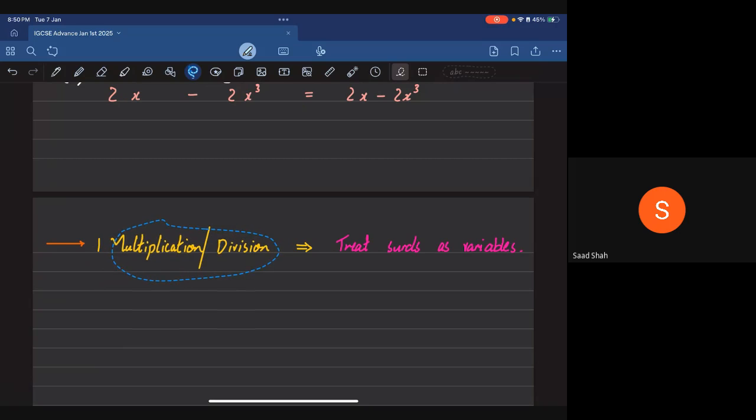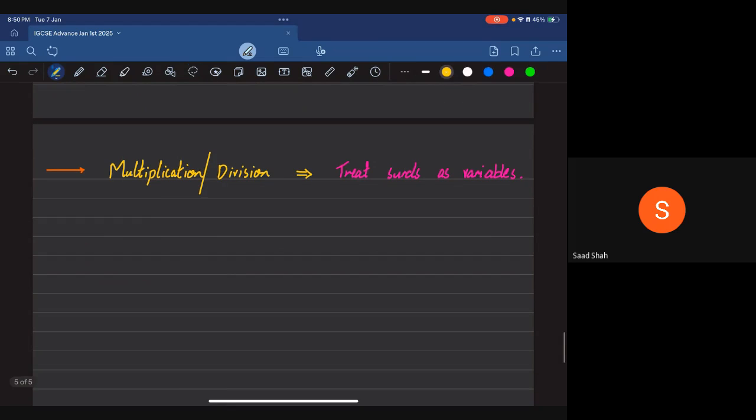How am I going to do that? So we're going to treat surds as variables. Let's look at a few generic examples. If you have this and they're being multiplied by, let's just say, x under root y, and this is a multiplication sign, under root y.